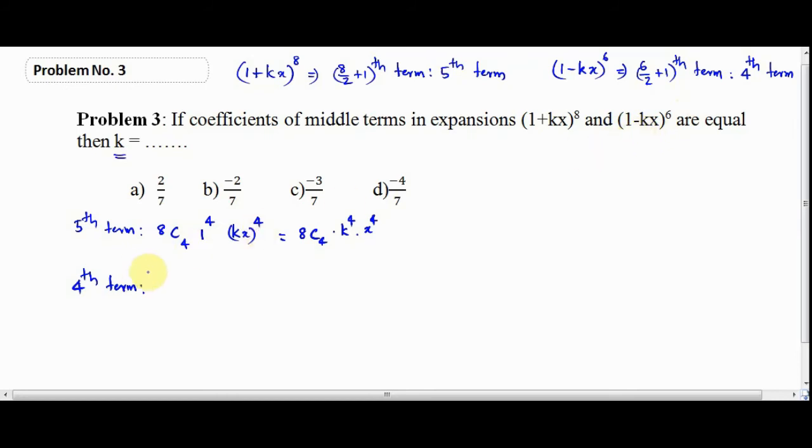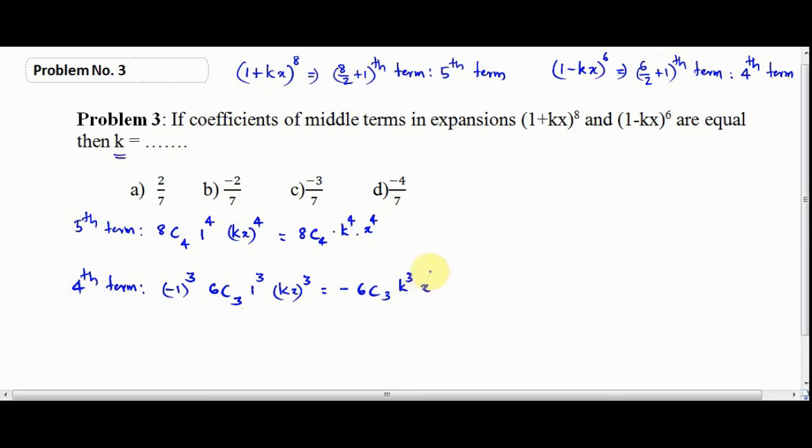So the fourth term will be (-1) raised to 4 - 1, that is 3, into 6C(4 - 1), that is 6C3, into 1 raised to 6 - 3, that is 3, into (kx) raised to 4 - 1, that is 3. Once you simplify this, what you get is -6C3 into 1 into k^3 into x^3.